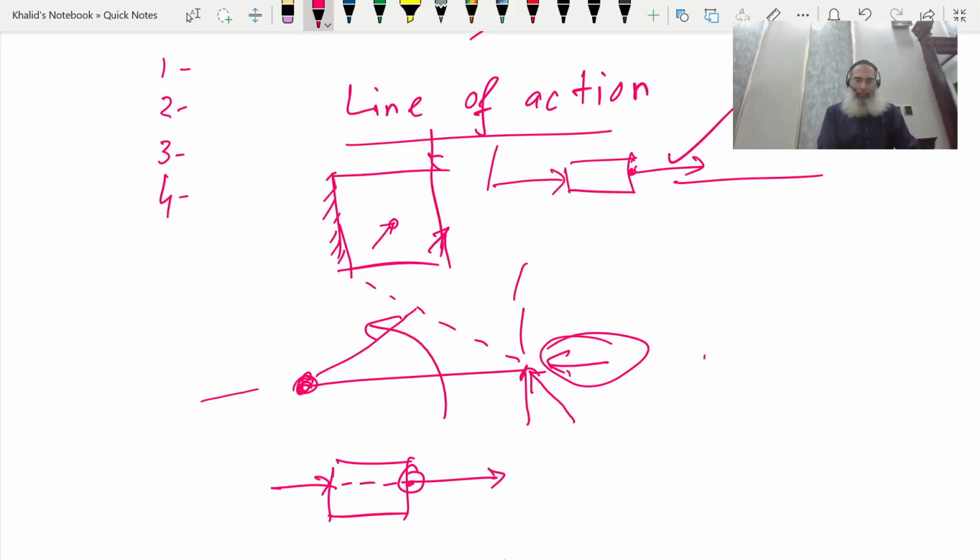So here, now look, this is a line of action of force. If the force is acting along this line, it can easily rotate this object. But if force is being applied here, you can see that a part of the force will actually be used to rotate this object. It may be a door, it may be another object.